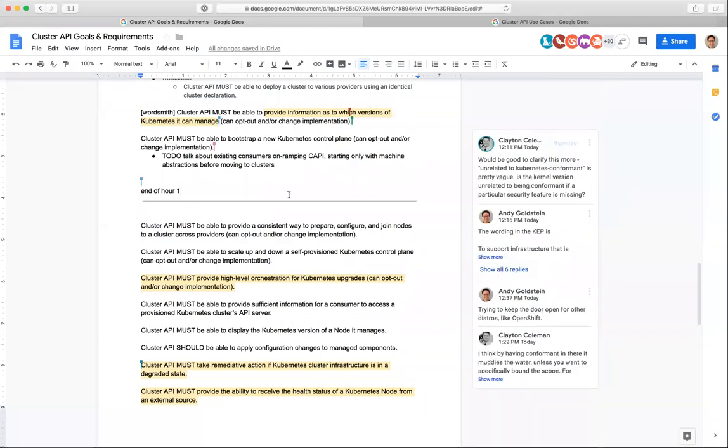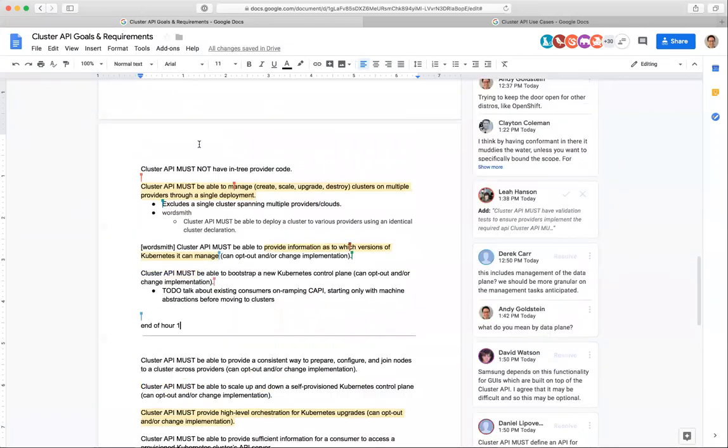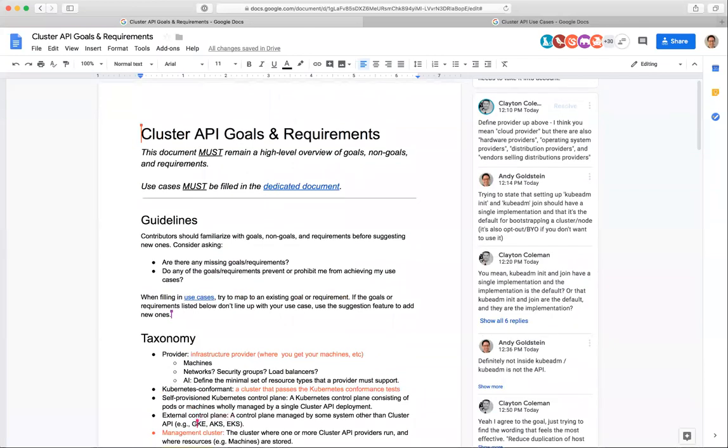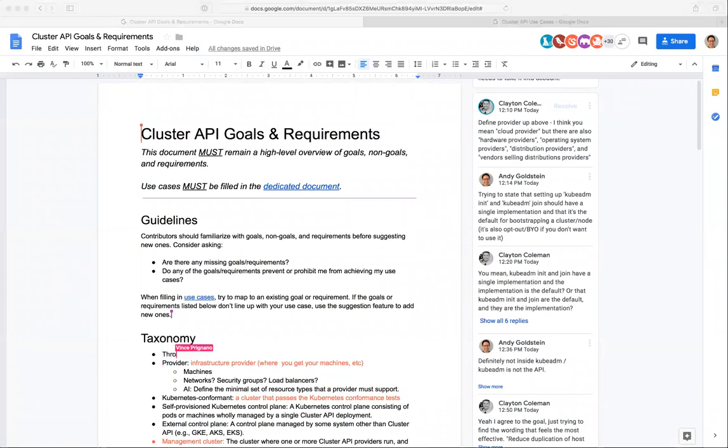Okay, so for those of you who are just joining, we have been going through the Cluster API Goals and Requirements document. This has a lot of the content from the giant What is Cluster API document that was previously shared with you. In terms of guidelines for the discussion, we want to have a separation between the goals and requirements and use cases. So we have a separate document.